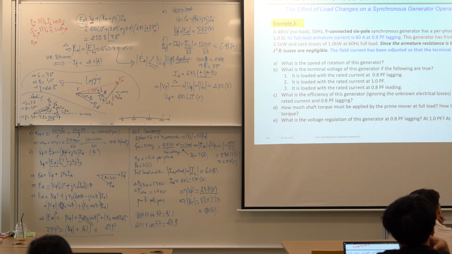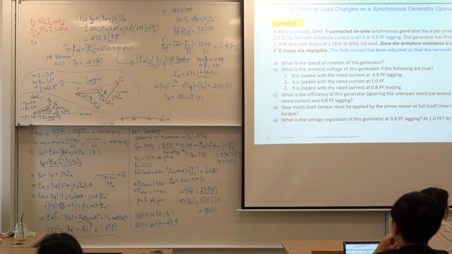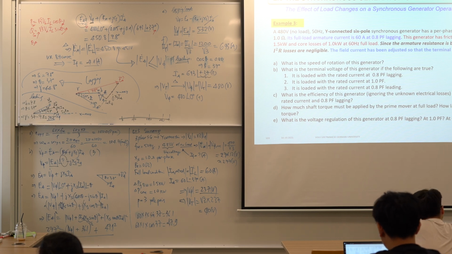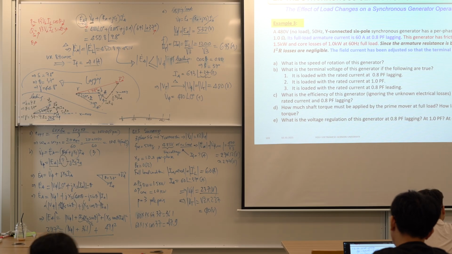Do you agree with me? Yes. So that means we can get EA minus j XS IA and we just skip 0 degree. So you can get V phase squared is EA squared plus XS IA squared.